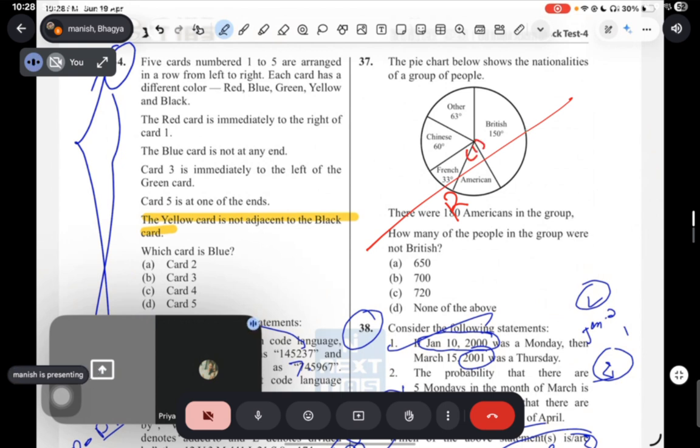Blue card, red, red, green, red. Blue card is not at the end.